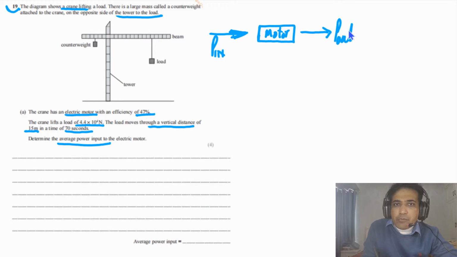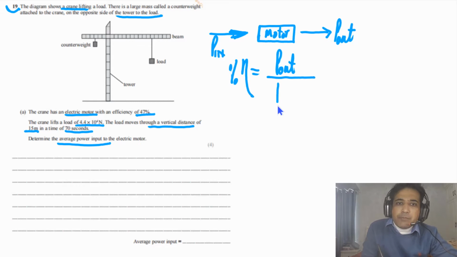So this is the power out. Efficiency we can simply write down. The percentage efficiency has to be equal to useful P out divided by P in. So here we are talking about useful P out.